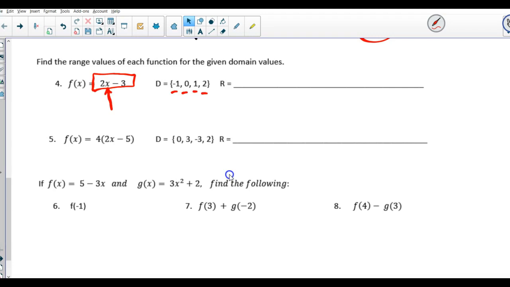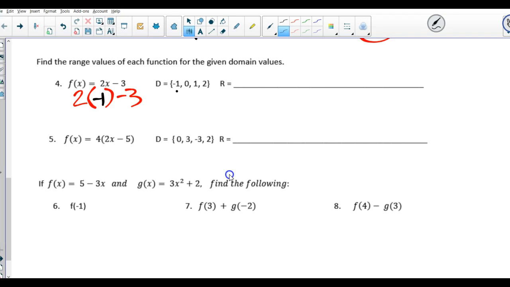If you do this by hand, you would need to do 2 times x minus 3. And then plug in -1. 2 times -1 minus 3 is -2 minus 3, so -5.